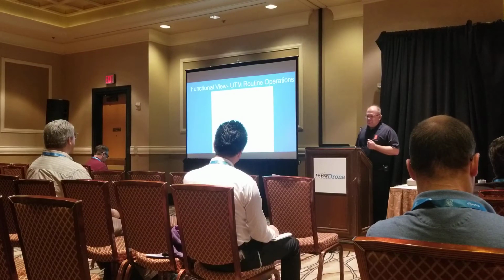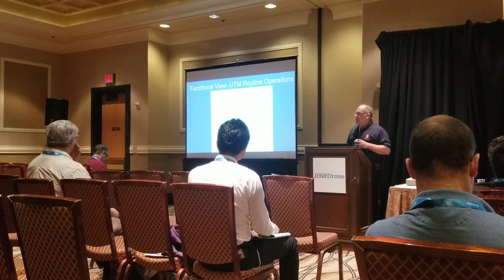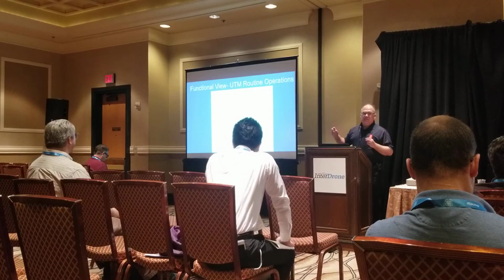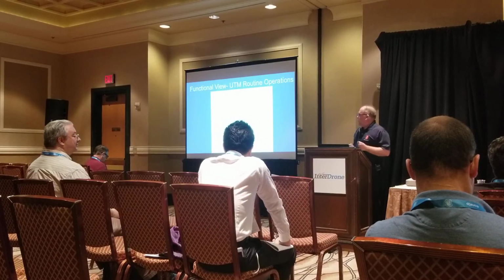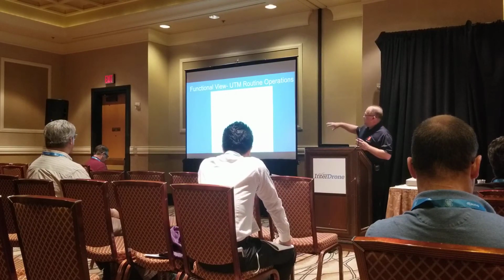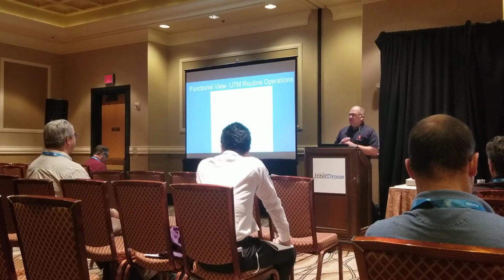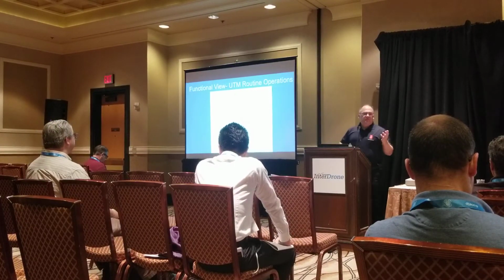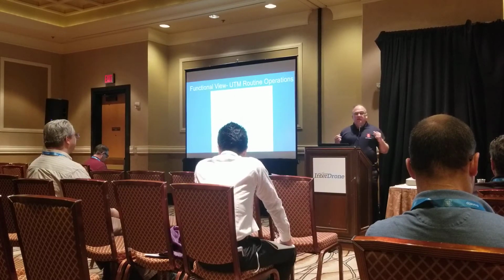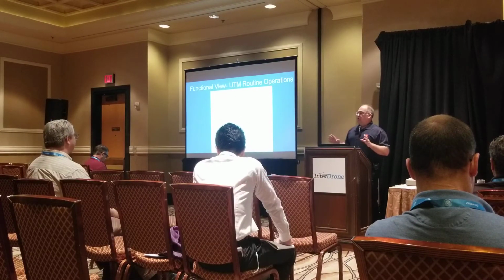Whenever we pick apart our UTM routine operations, we get interactions like this. We basically get a functional breakdown, and you'll see that we've broken it down into different systems and different functional blocks. If you're starting with a greenfield architecture or design, there are infinite ways of breaking this down.